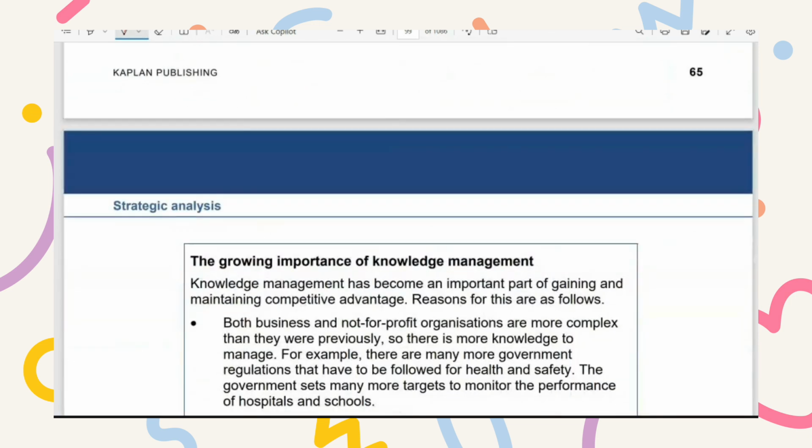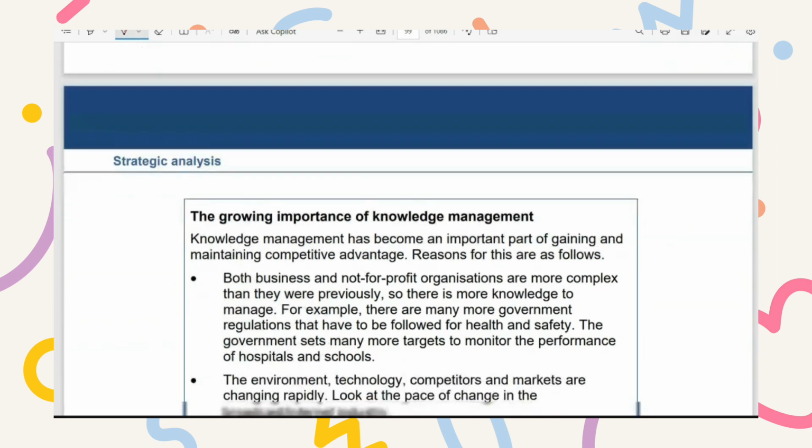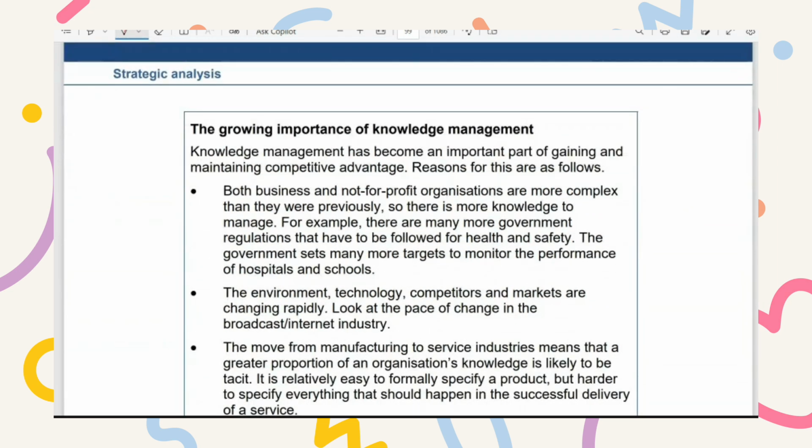Knowledge is a big asset. If you don't have knowledge to go north and you start traveling south, you are going the totally wrong way. The growing importance of knowledge management, very nice.